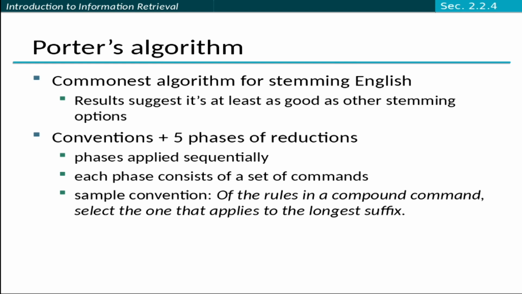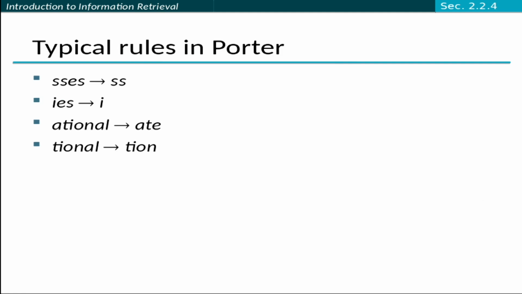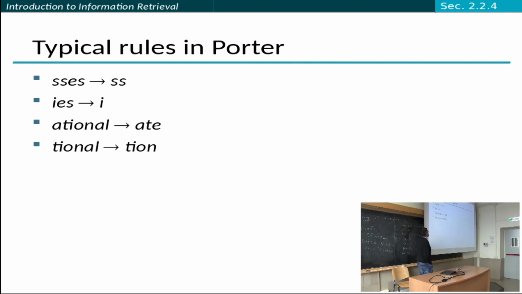In general, the convention is, whenever possible, to apply the rules that match the longest suffix, in order to reduce as quickly as possible. As examples of rules, if you have sses, you map it to ss. If you have ies, you map it to i, and so on and so forth.